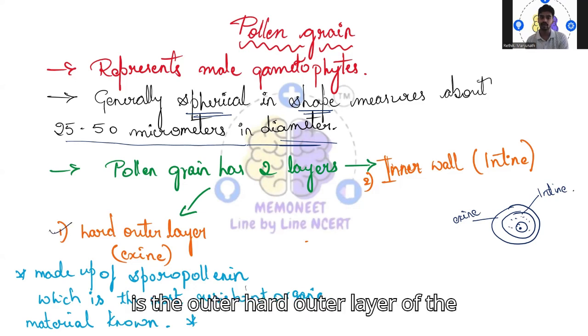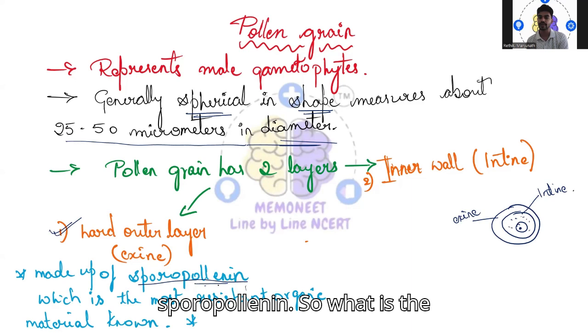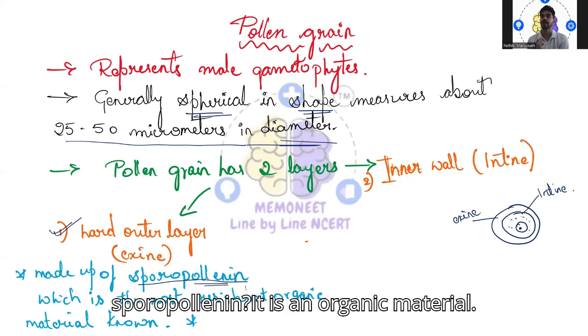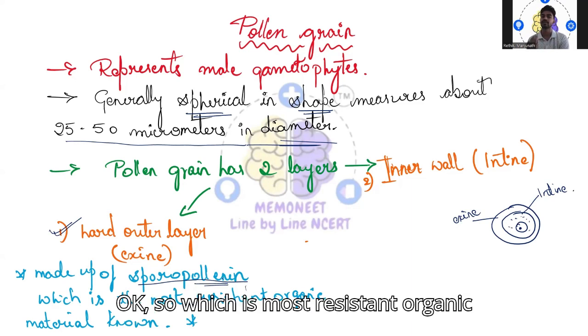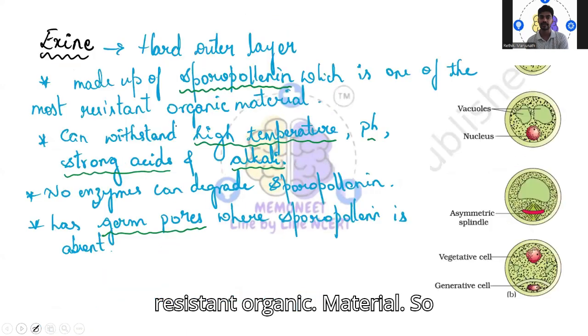Exin, the hard outer layer of the pollen grain, is made up of sporopollenin. What is sporopollenin? It is an organic material, the most resistant organic material.